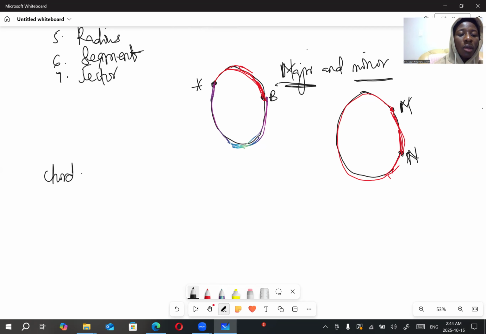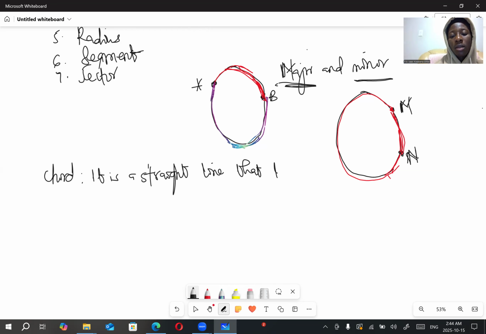Yes. Chord, okay. It is a straight line that touches 2 points on the circumference.